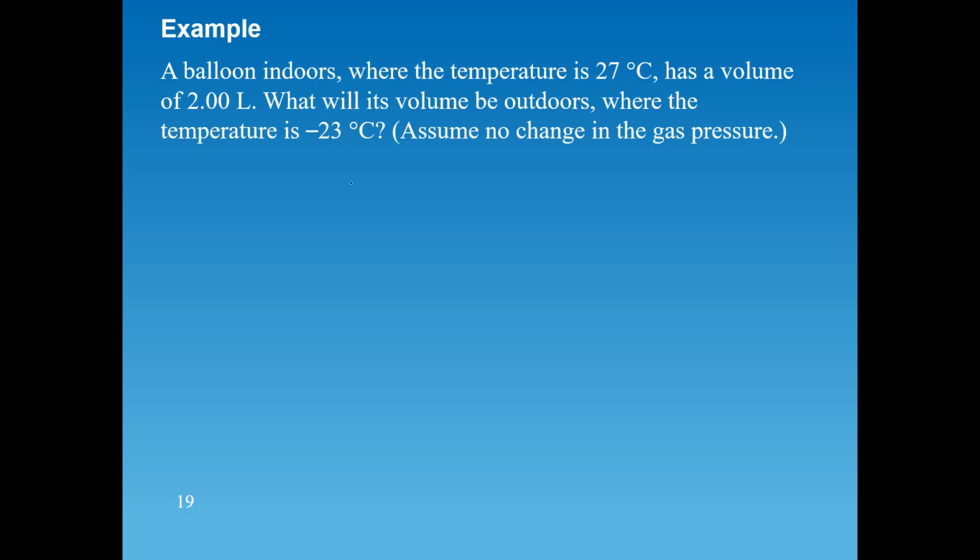So we're going to use the equation I just mentioned, and the question is asking for the second volume, V2. So we can rearrange this to get V2 is equal to V1 over T1 times T2. V1 is the initial volume, which is 2.00 liters.